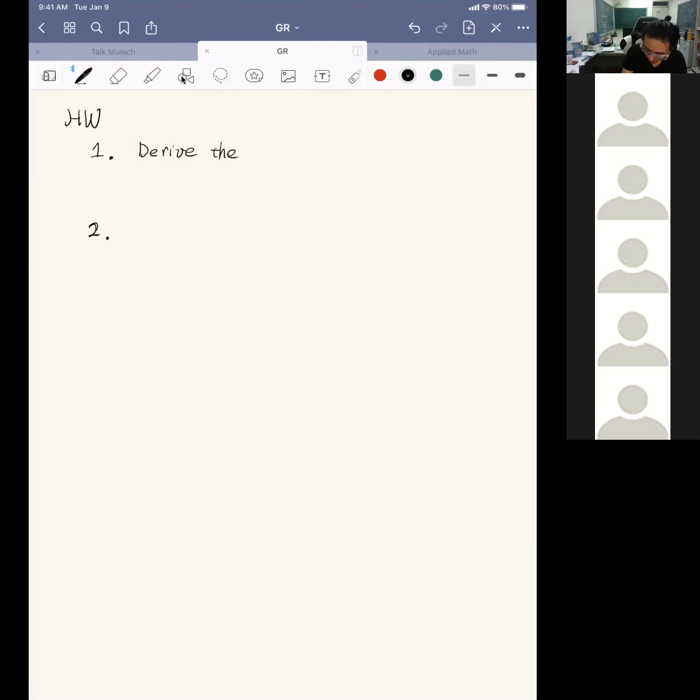I already derived it for you, but just for practice, derive the Einstein equation to linear order in h mu nu around flat background. Okay, so this is already done.